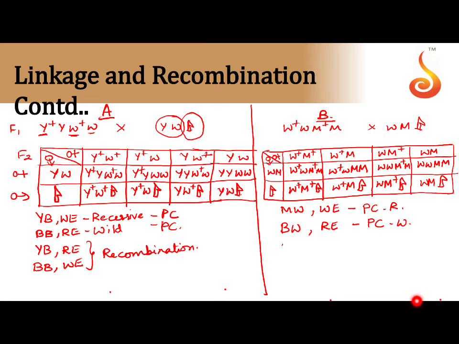Now, we are crisscrossing and seeing, we have miniature wings and red eye, and we also have big wings with white eye. These two will become recombination.